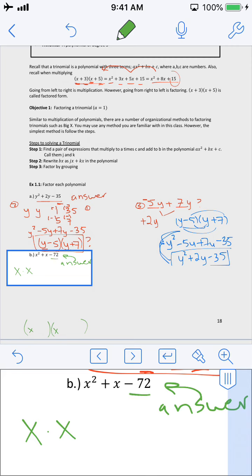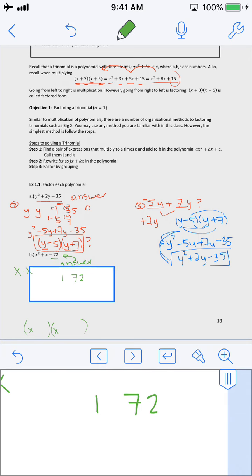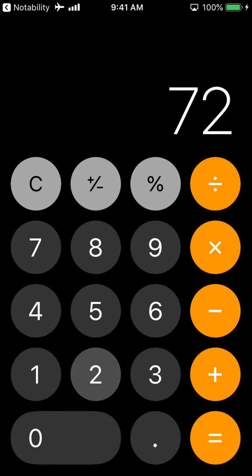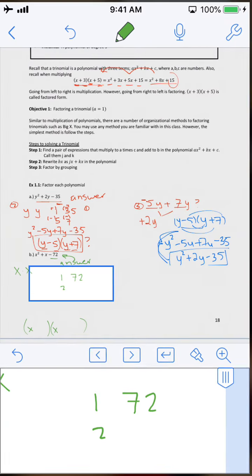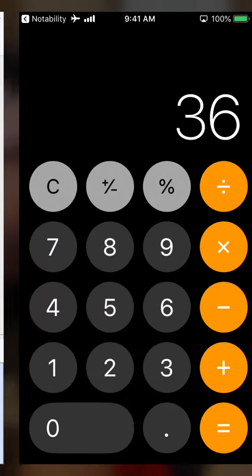72 has a few more options there. We've got 1 and 72, and again, it's negative, so it could be -1, 72, or 1, -72, whatever. There's 2 and... ooh, I don't know. It's even, so I know it does. 36. 3 and 24?